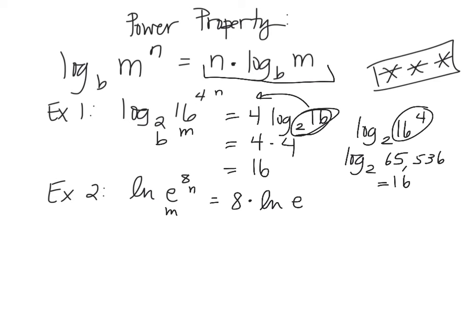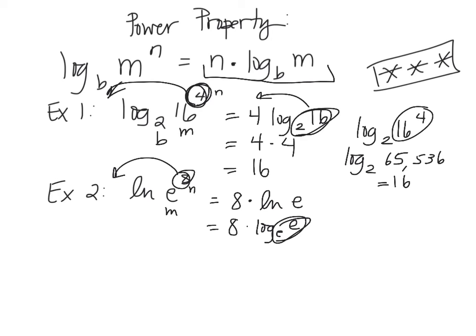So basically that power, whatever it is, just comes to the front and multiplies. So ln of e is the same as log base e of e. These bases are the same, which means the answer should be 1, or this quantity should equal 1. So this is 8 times 1, which is just 8.